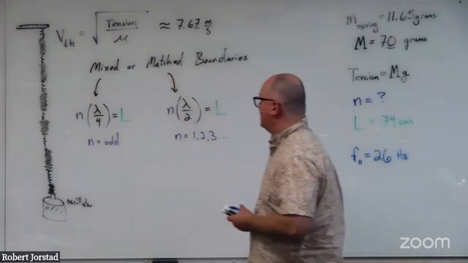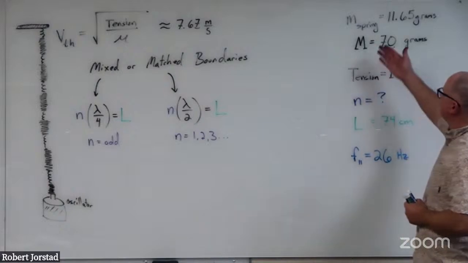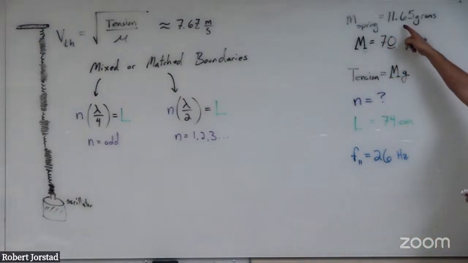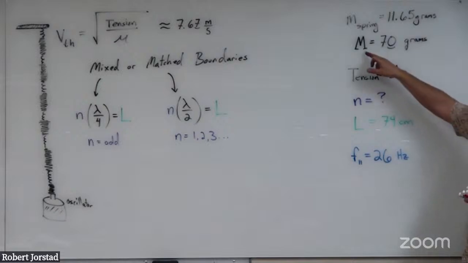All right, so here is the data that I found. I massed this spring, it was 11.65 grams. We saw that the tension is equivalent to mg, where m was the 70 grams that I was hanging off of it.